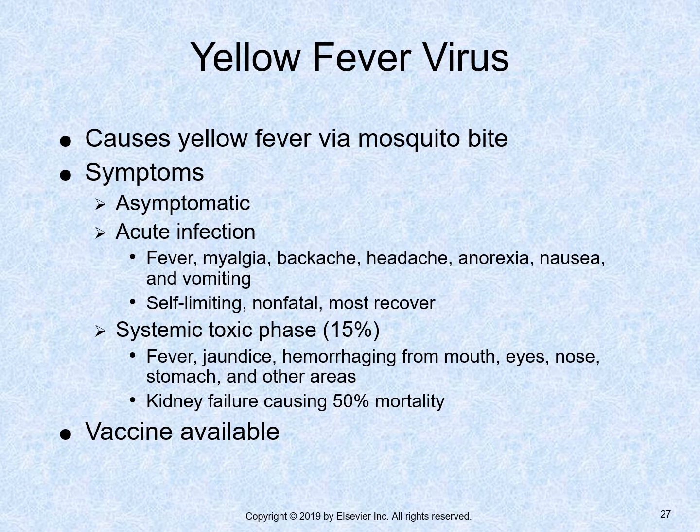Most patients experiencing acute disease recover after about 4 days. However, about 15% of the cases enter a systemic toxic phase in which fever reappears. The patients develop jaundice and bleeding from the mouth, eyes, nose, stomach, or other areas. The kidneys may fail, and about 50% of the patients in the toxic phase die.